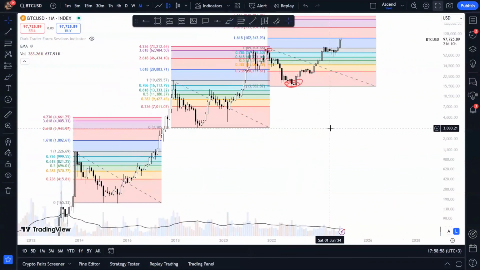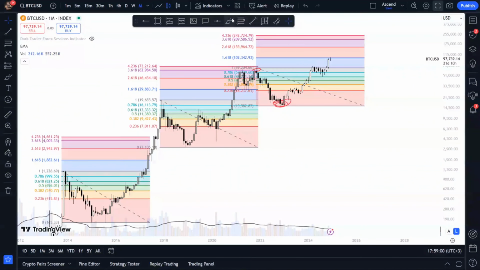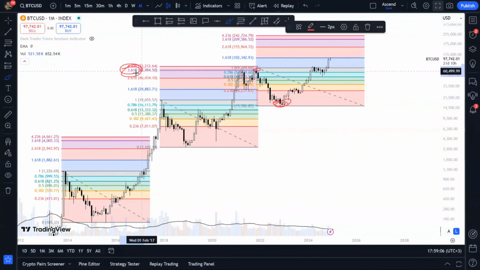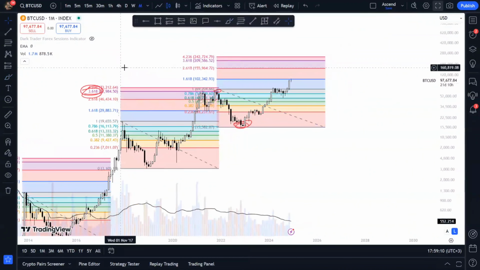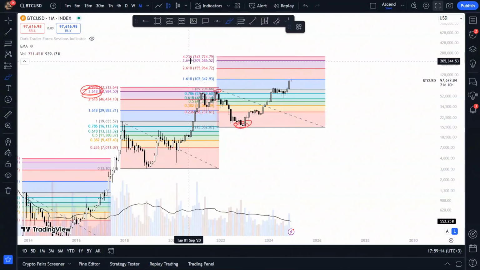And what we see is that in the previous cycle we reached the purple level, which is 3.6, and then we reversed. And the same thing I expect to happen now. So it will be around 200k for one Bitcoin, which is kind of optimistic, but you don't have to use this Fibonacci tool alone because you need to find some other confirmations.